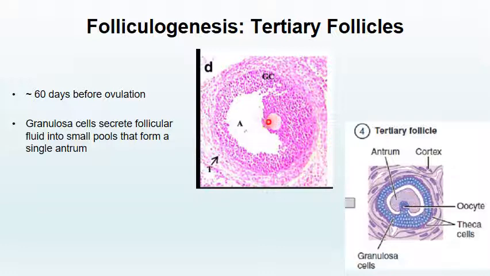This is the oocyte. These are follicular cells sort of in this mound. And then this is going to be this pool of liquid. So that pool of liquid is called the antrum. And so essentially this antrum is starting to begin the separation process between the follicular cells and the oocyte.